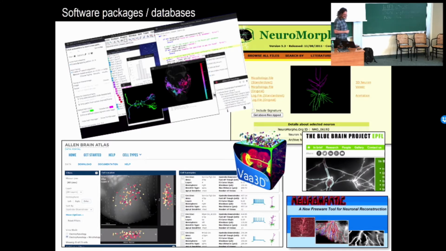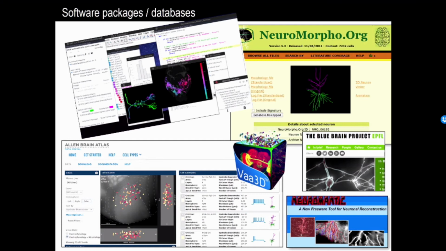In fact, we discussed this yesterday, that you have to be very careful if you use anything that's semi-automated, because semi-automated reconstruction means we put in some assumption about how the dendrites look, right?